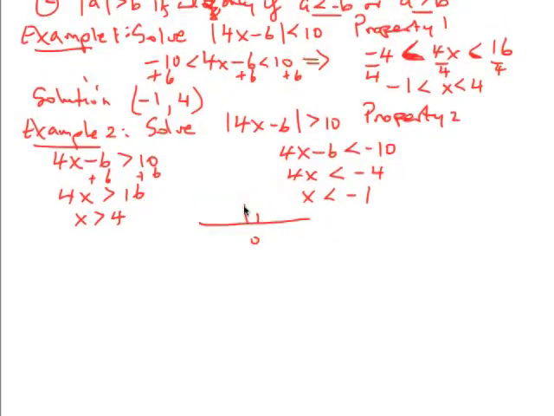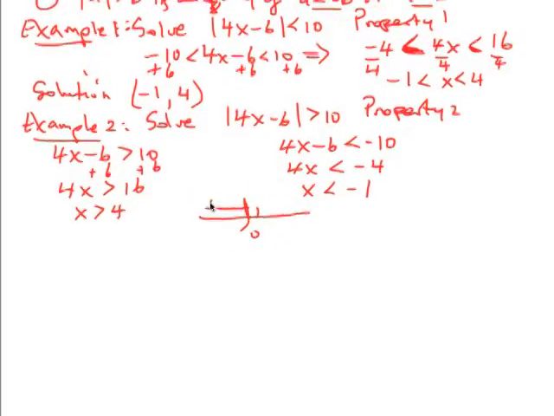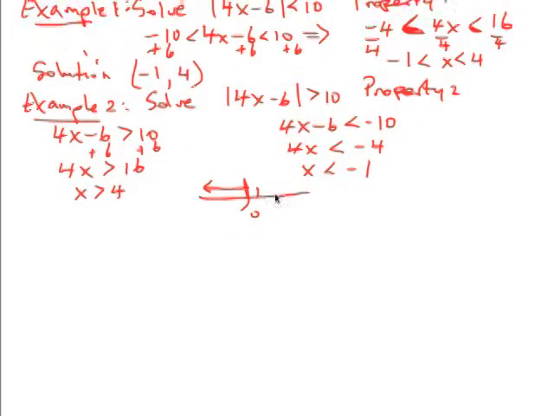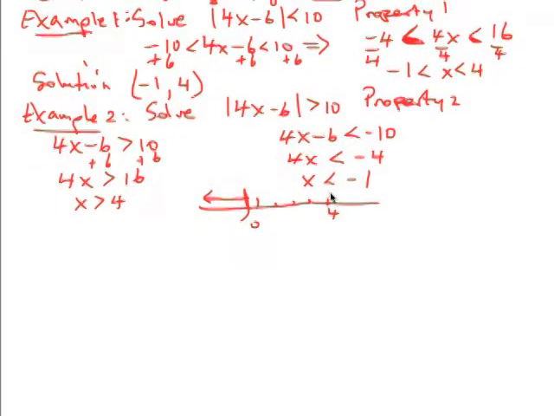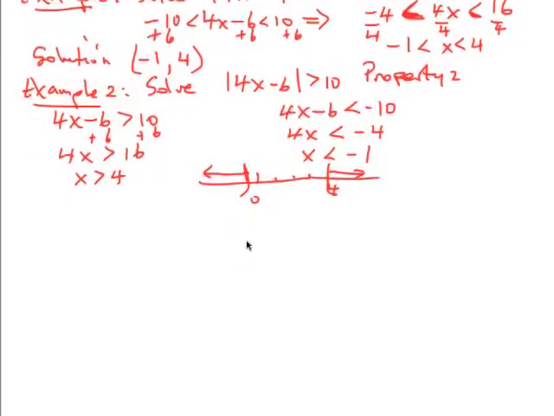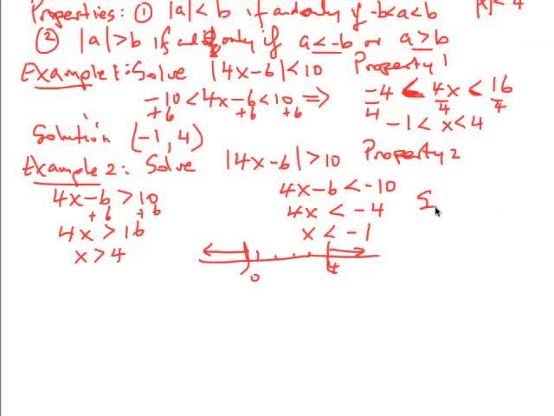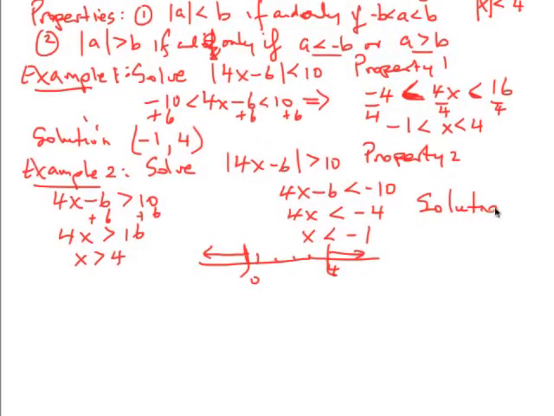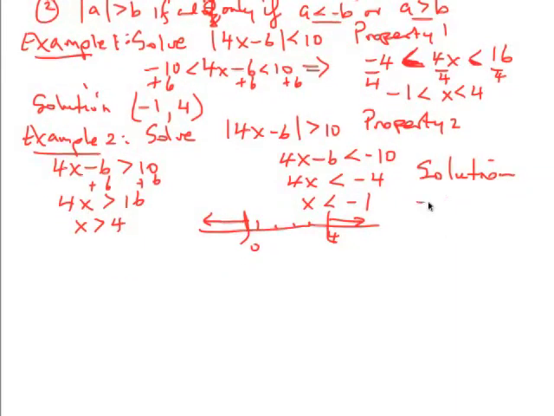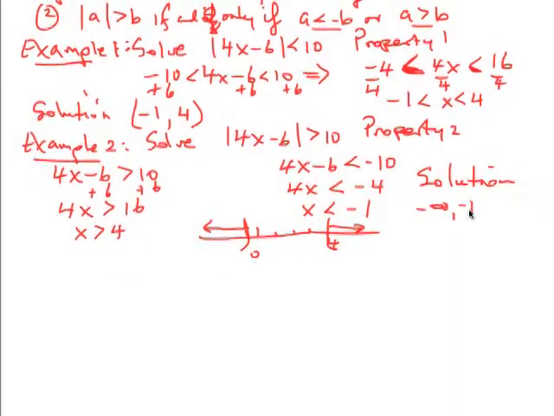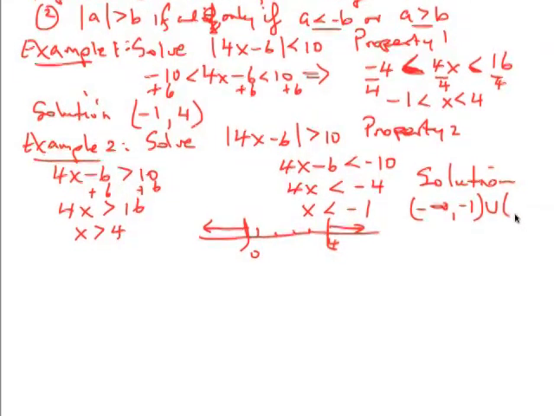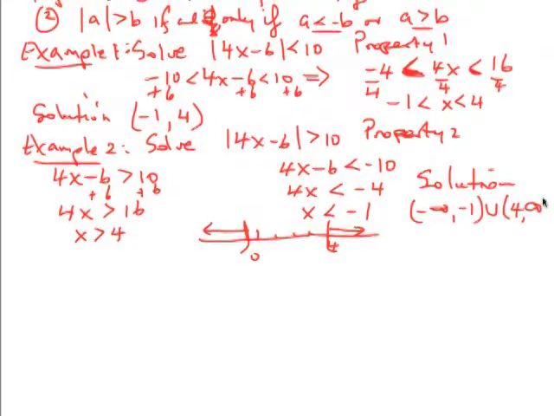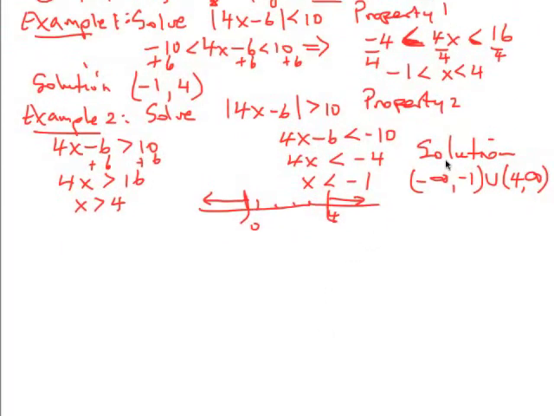It's less than negative 1, not including negative 1, but it's greater than 4 here, like so. So the solution is going to be from negative infinity to negative 1, not including negative 1, union with 4 to infinity. And that would be my solution.